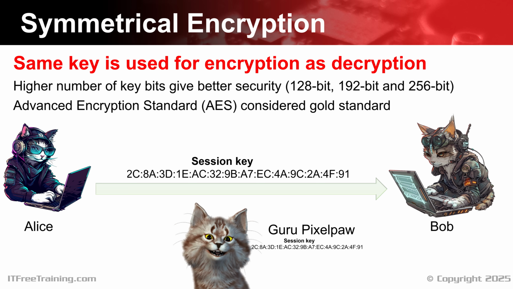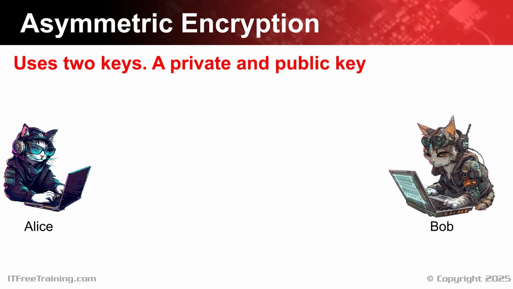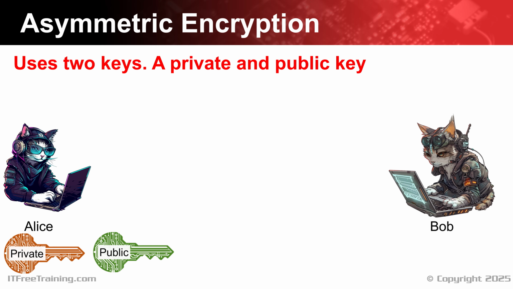So the first problem that we need to solve is, how do we transfer the key between the two users and protect it from being stolen? To get around this problem, asymmetric encryption is used. Asymmetric encryption uses two keys, a private key and a public key. Therefore, Alice needs to create two keys.